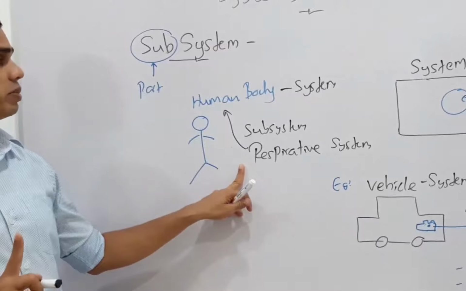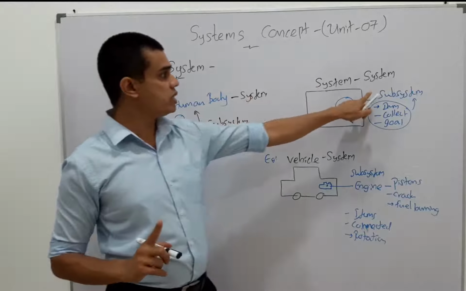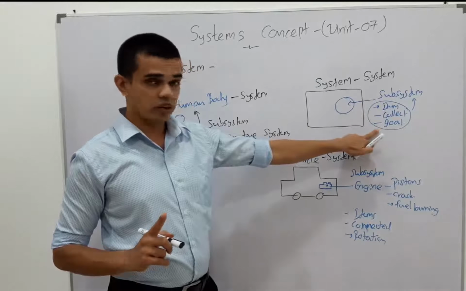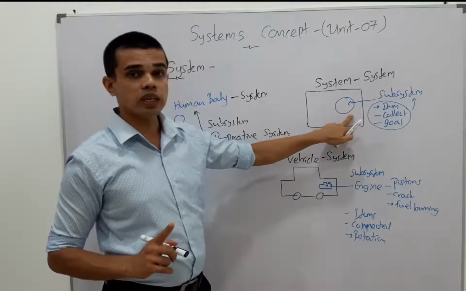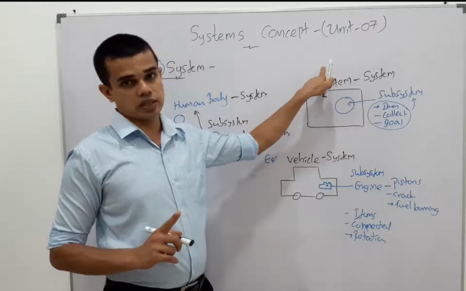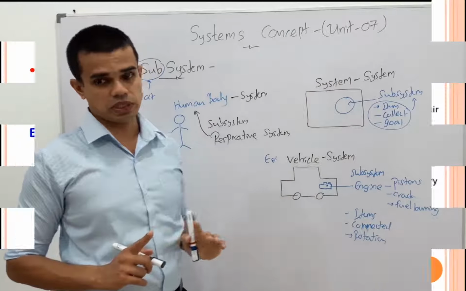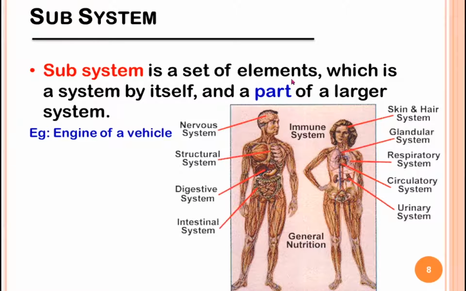So learn what a subsystem is. It should also be a system with all these requirements, and it must be a part of the main system. That's what the subsystem is. A subsystem is a set of elements which is a system by itself and a part of a larger system. Examples: engine of a vehicle.